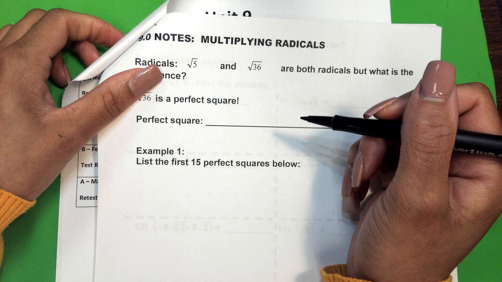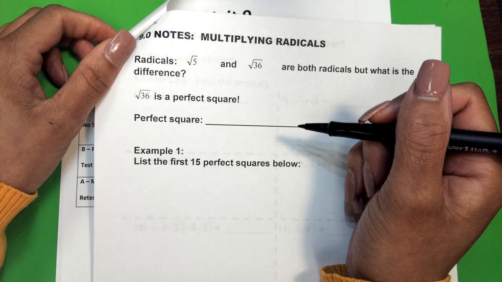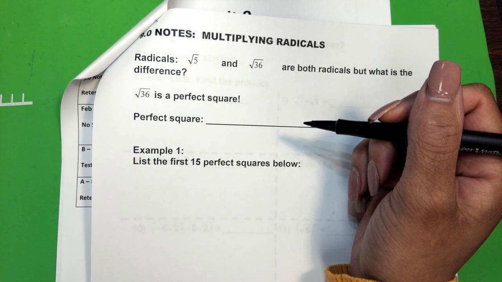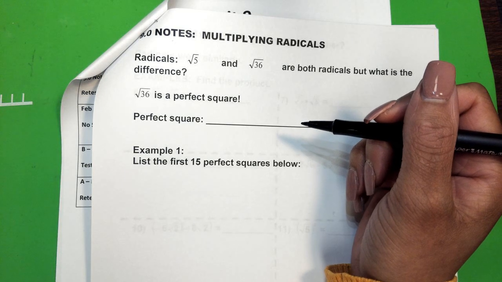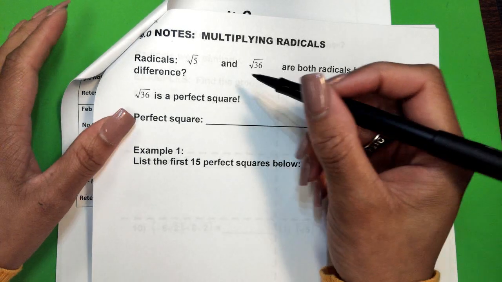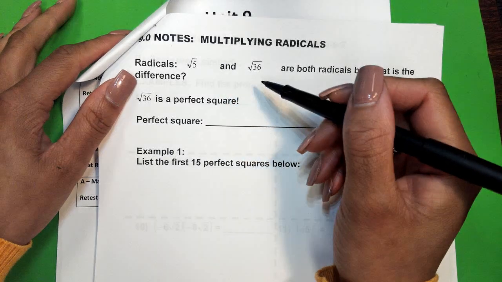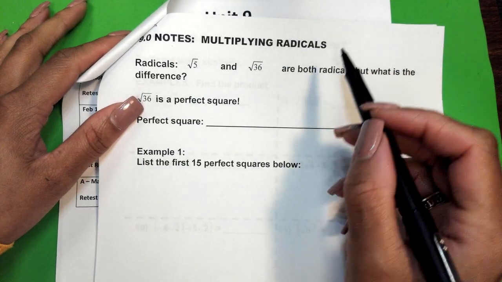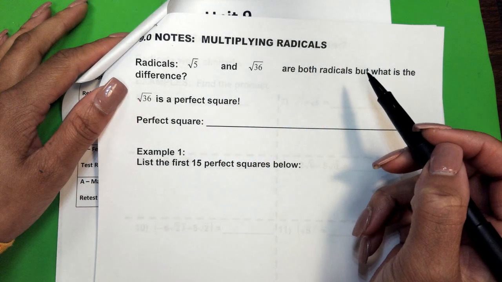And this is like a preview to Chapter 9, things that you probably should know, but we're going to be reviewing. And so radicals are like square root 5, or radical 5, and the square root of 36. They are both radicals, but what is the difference?